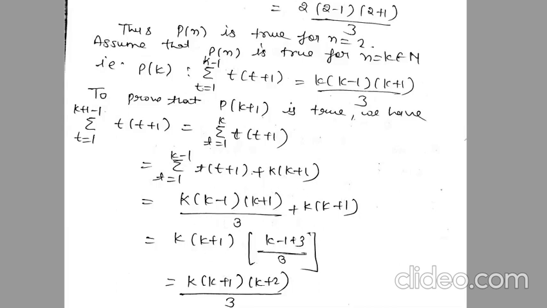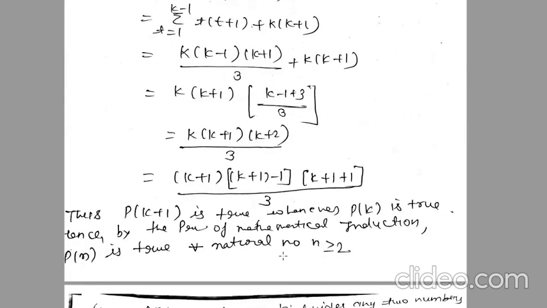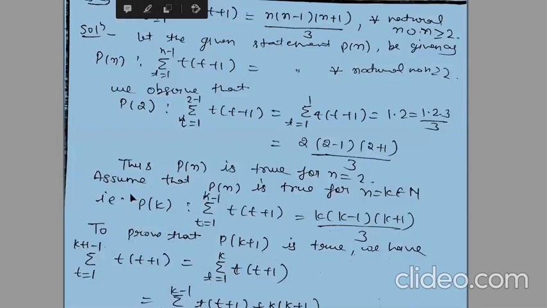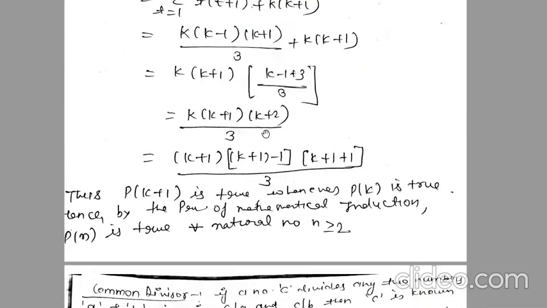Just solve this term and you will get (k plus 1) k and (k plus 2). So just check this term and this term; they are not the same. So you have to convert your term to the above term.